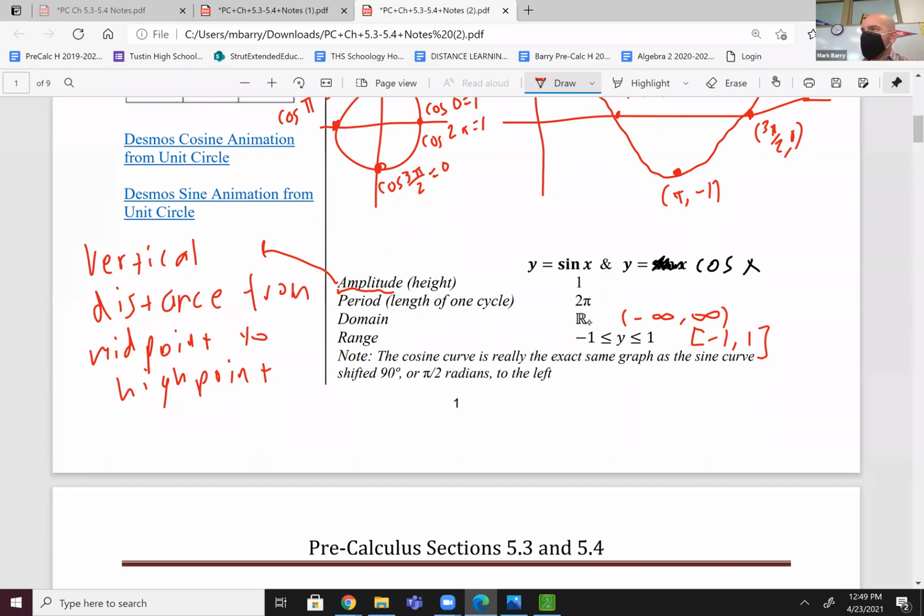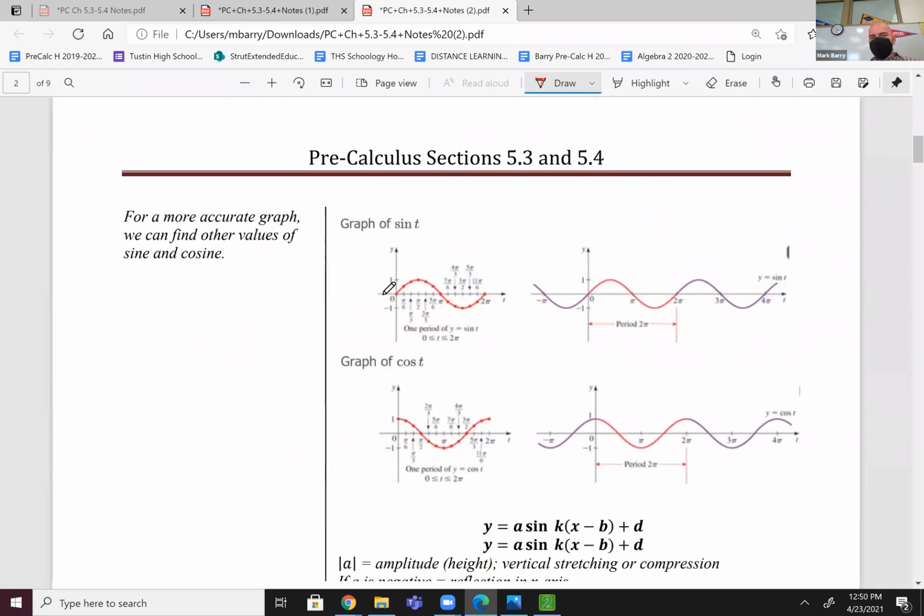Now that can change with the transformations, but for the parent functions, it's always going to be -1 to 1. And then one more note here, which we already talked about: the cosine curve is really the exact same as the sine curve, shifted pi over 2 radians to the left, okay? Awesome. All right, let's go on to the next page.